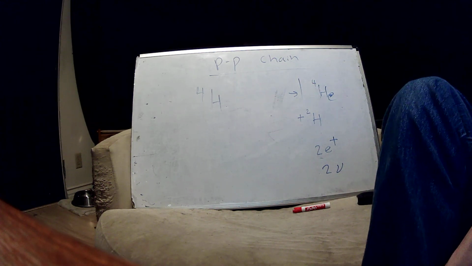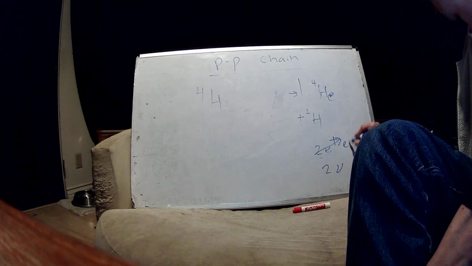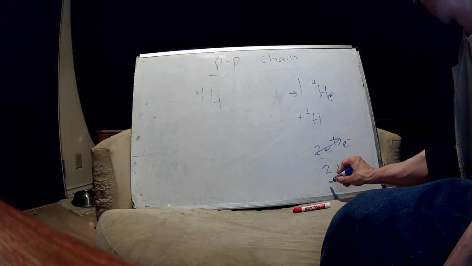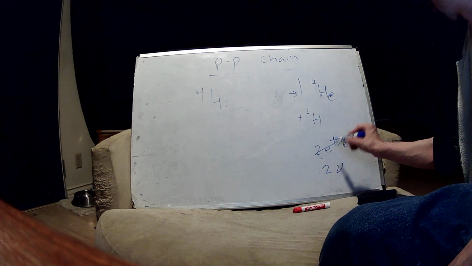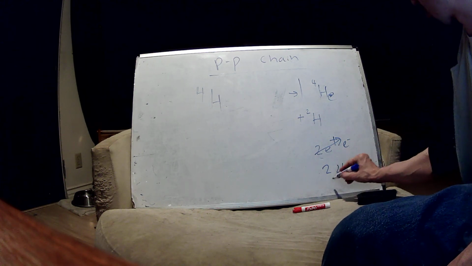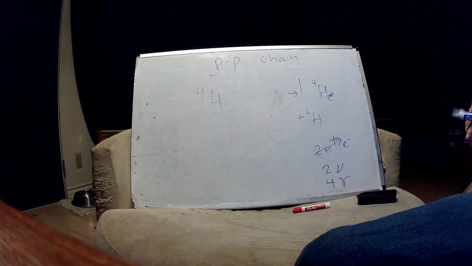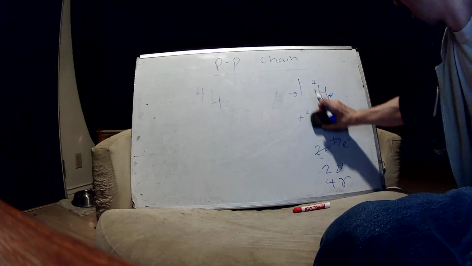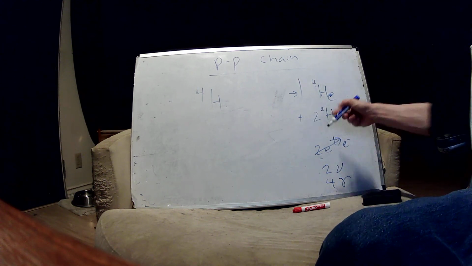And in all likelihood, these positrons aren't going to live very long before they collide with electrons somewhere, and so those are going to give off some gamma rays. We'll say each one gives off 2 gamma rays, because one for the electron, one for the positron, so we're going to give off 4 gamma rays. Okay? I'm sorry. We ended up now with 2 heavy hydrogens.